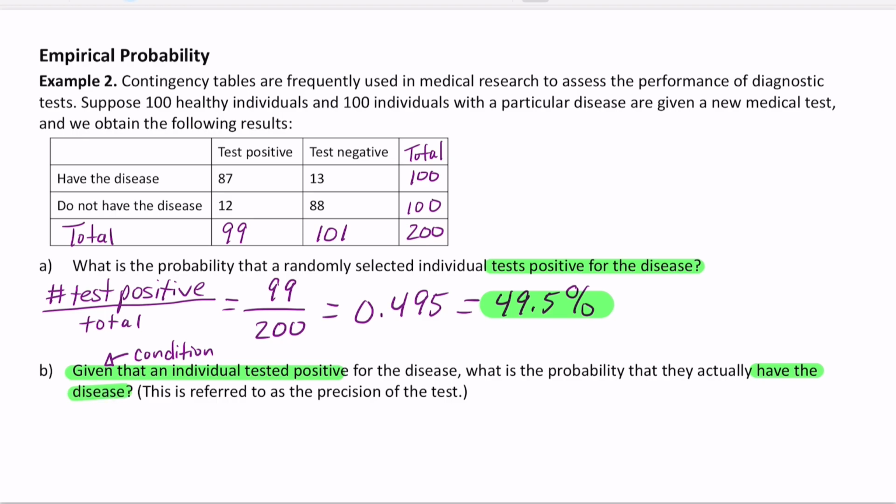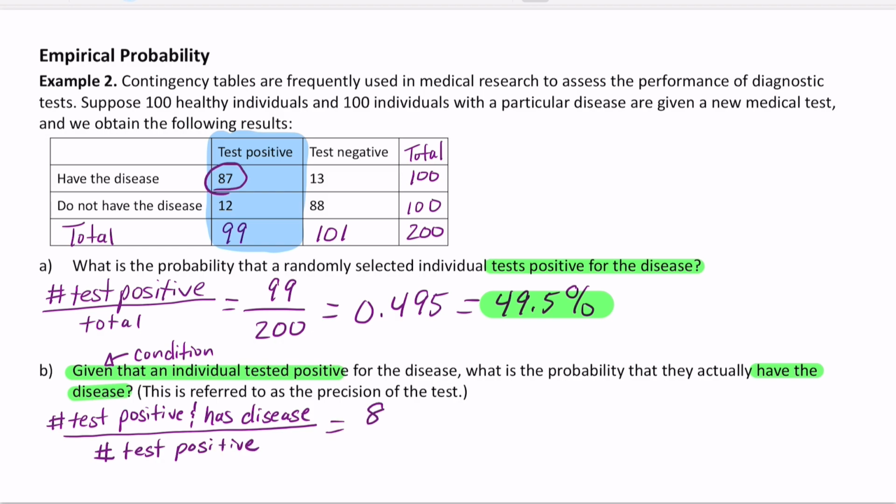So we're going to narrow down our sample to the individuals who tested positive. So I'll start by highlighting those people. And we want to find the number of people who tested positive and have the disease. And we'll divide that by our new total of the smaller sample size, which is the total number of people that tested positive. So that gives us 87 divided by 99, which is approximately 87.9%.